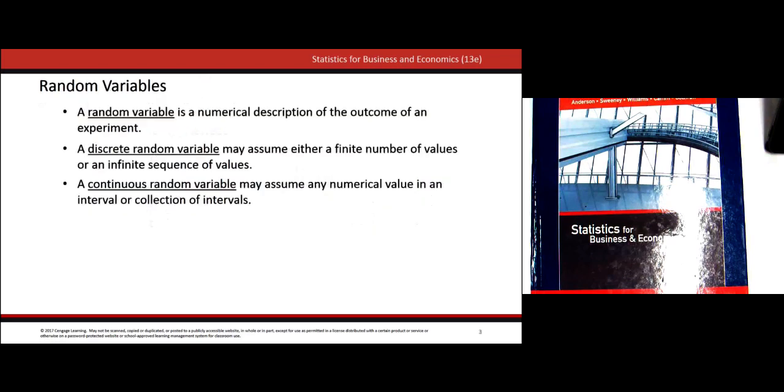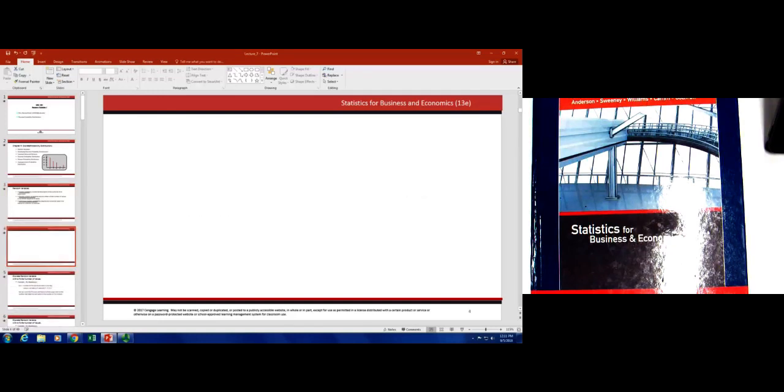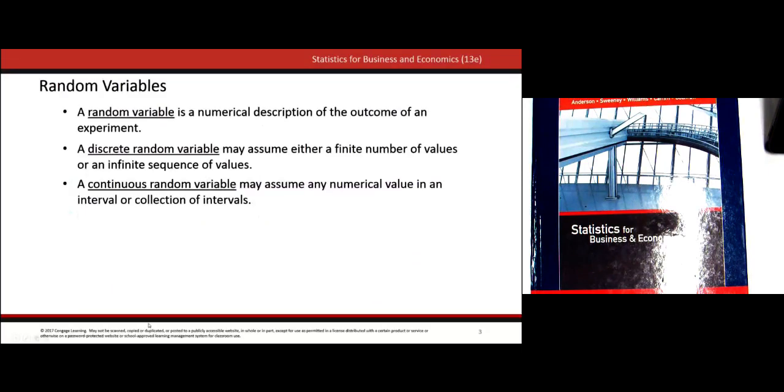For example, first look at this one. So if you roll 3 dice, then how many outcomes do we have?